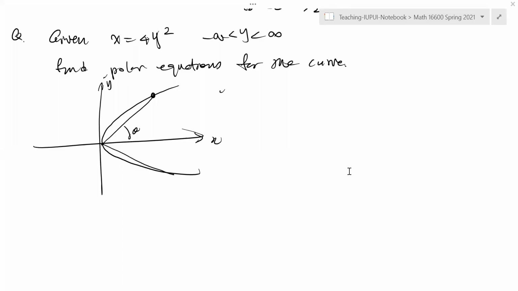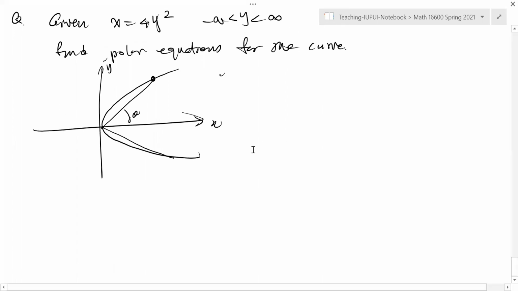Theta can be... Right, so let's try to find it.